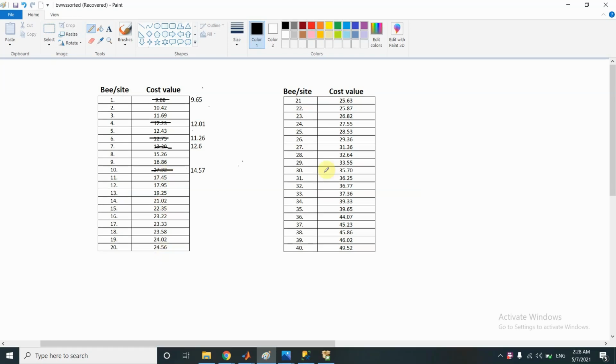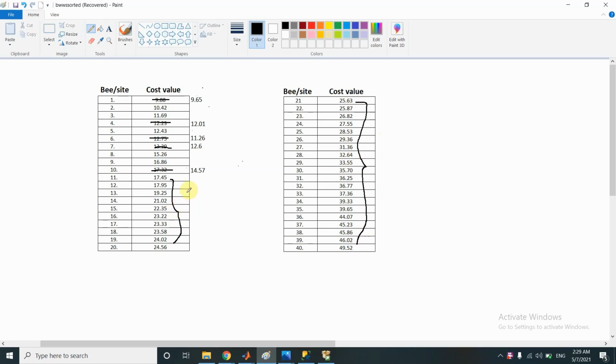So all these values will be changed, because all these Bs will be sent in random directions.